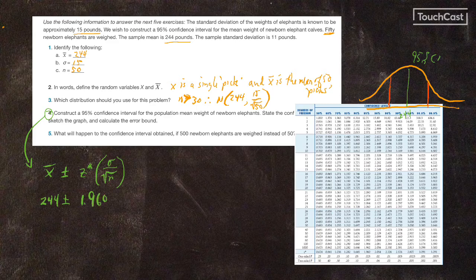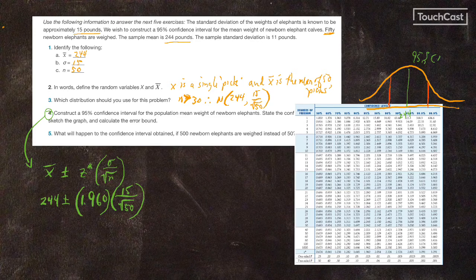And we know sigma. Sigma is 15. And n is 50. So we're going to take the square root of that. So this is the math that we need to do.